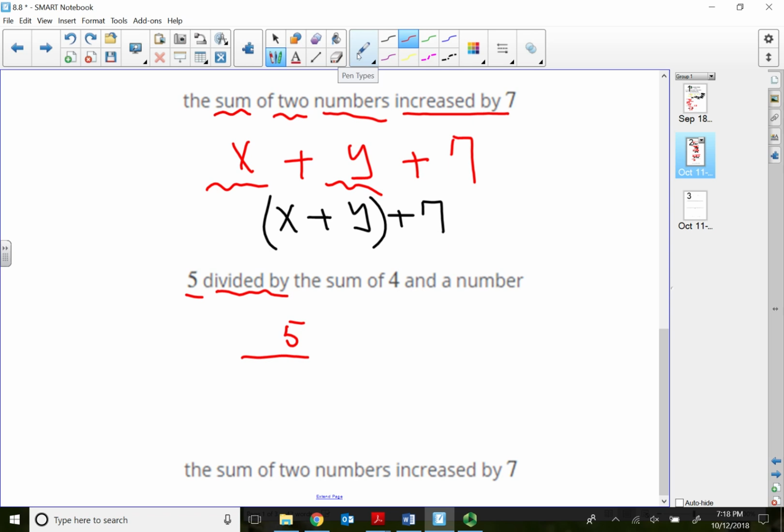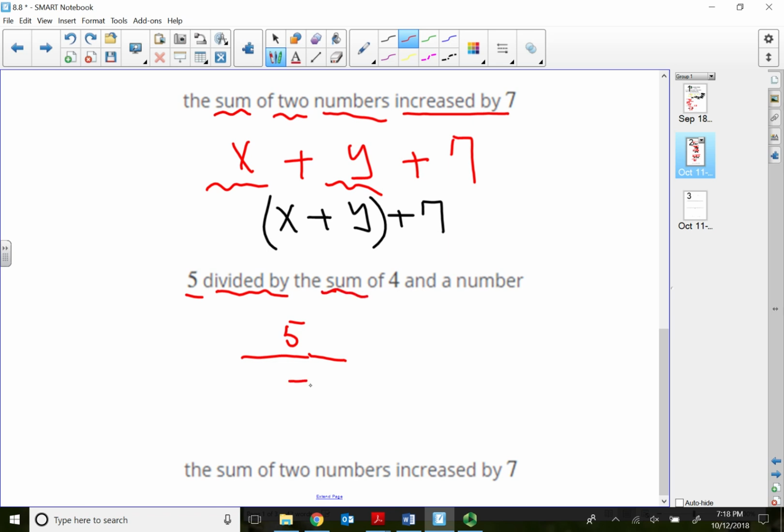All right, it's 5 divided by. After the fraction bar, that means everything else behind divided by has to be in the bottom.